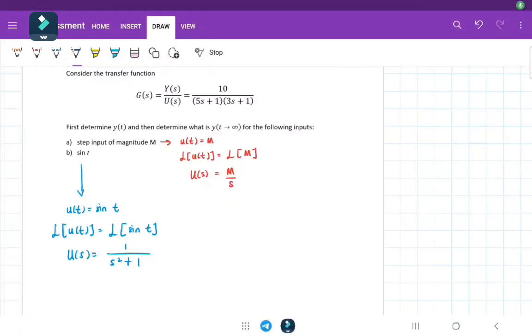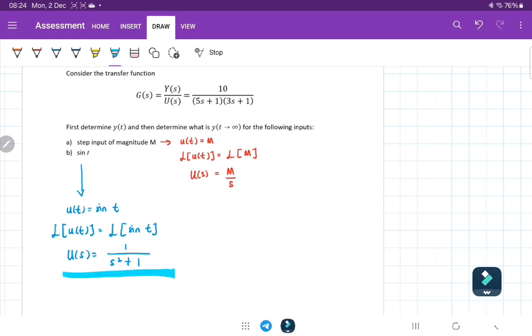Let's continue with part B of this question, where our u of t is sine of t, and earlier on we have already done a Laplace transform for sine of t, and we get our u of s equals 1 over s squared plus 1.